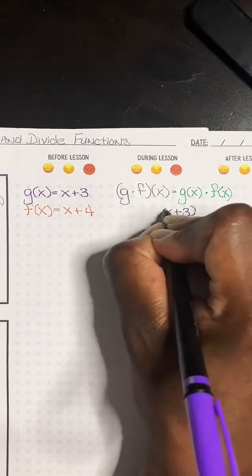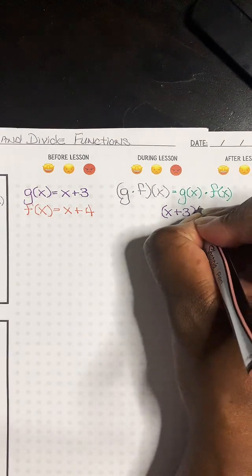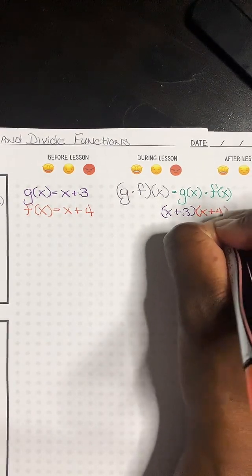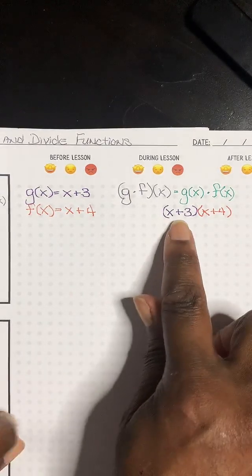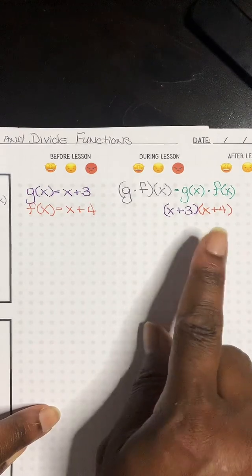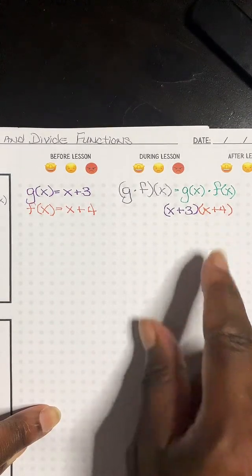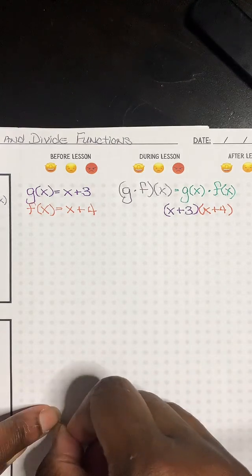And I'm going to put parentheses because I'm dealing with expressions. And my f function is x plus 4. So, we could do this one of two ways. We can either do what's called the distributive property, or we can do the box method.